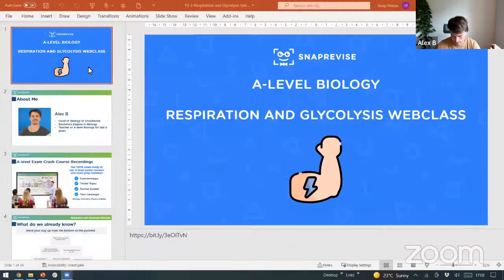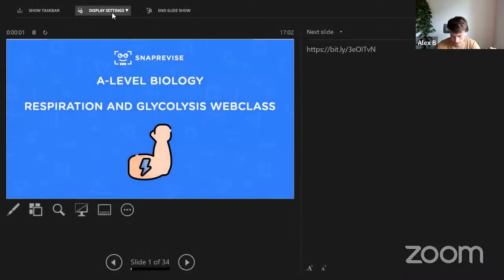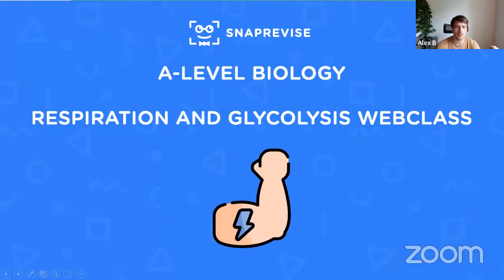So we are going to go through respiration and glycolysis today. This is a very important topic for biology. And actually, if you're in year 2, this is even more important than normal, because this features in all of the exam boards' advanced information.